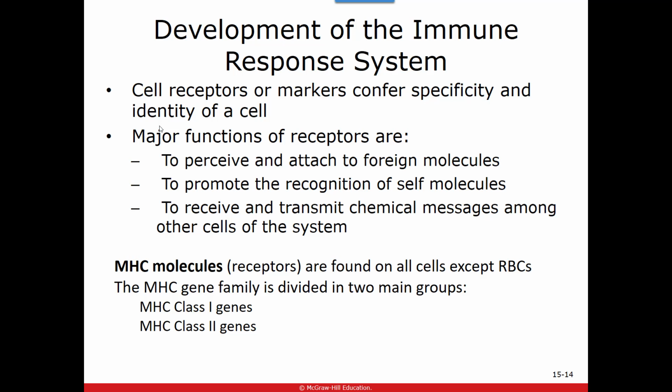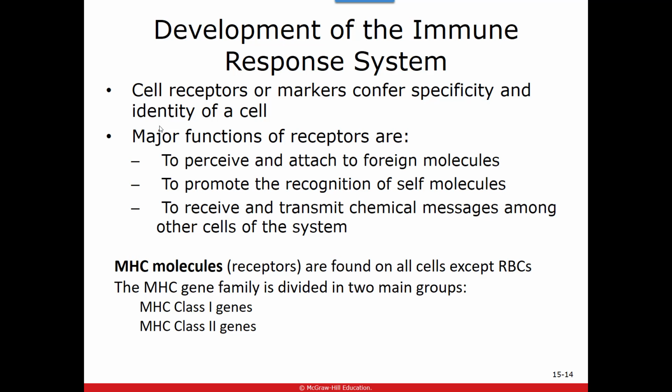Now, one kind of marker found on cells in the body is called MHC molecules. It stands for Major Histocompatibility Complex, which is why we shorten it to MHC. We didn't even know these existed until we started doing organ and tissue transplants.